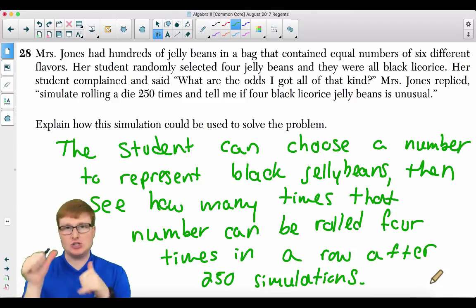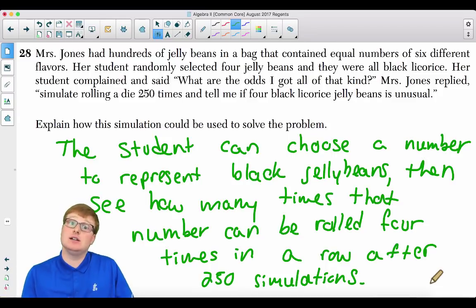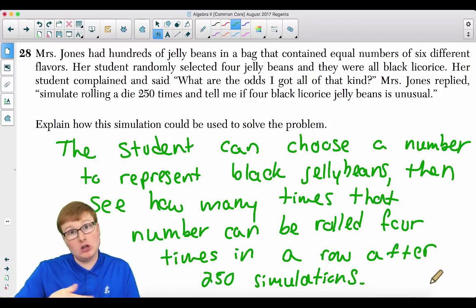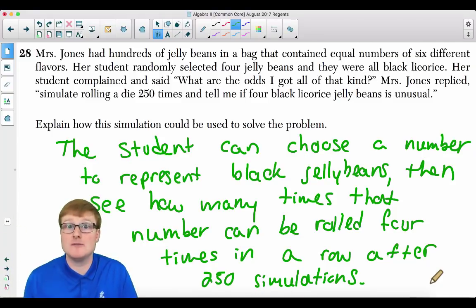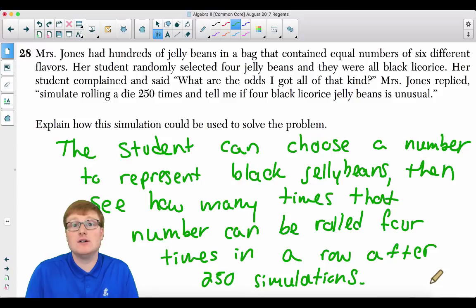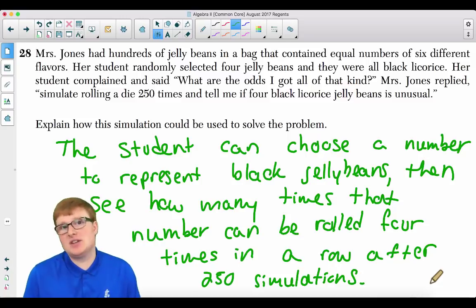The student chose 4 black, and they're complaining like why did I get 4 black? And Mrs. Jones said, all right, take a rolling cube, roll it 250 times. Let's just say black represents the number 2. Let's see if you get 2 four times on the first 4 tries, and run a simulation. And how many times do you get the number 2?